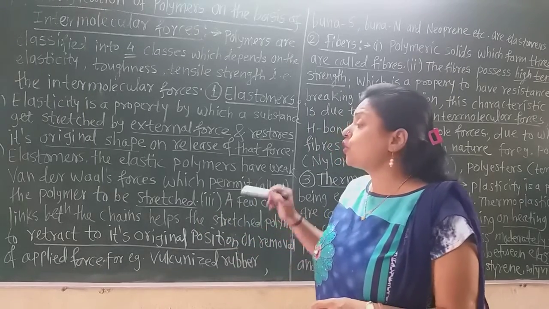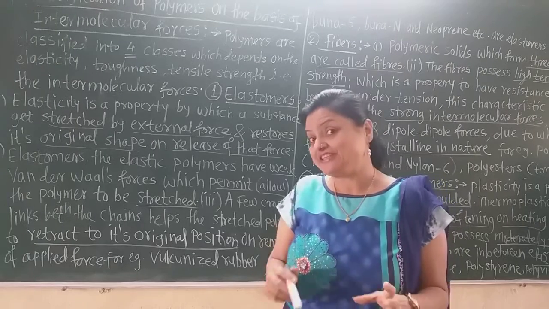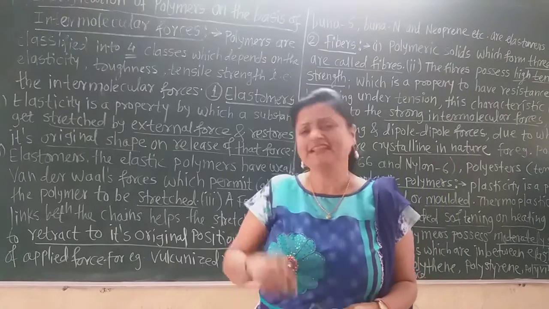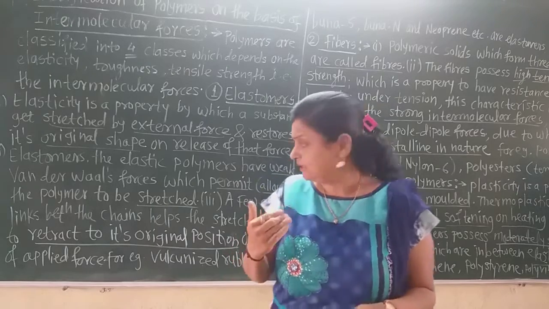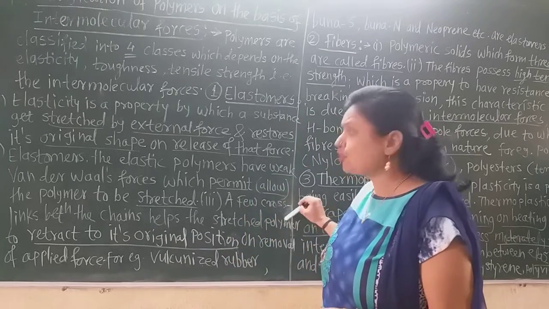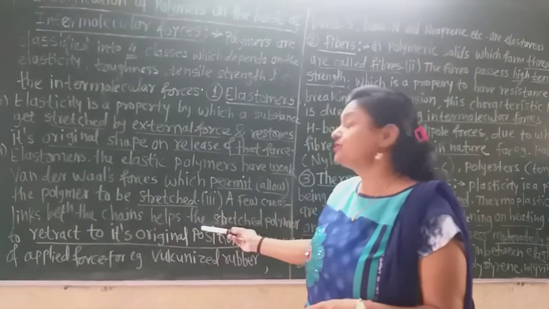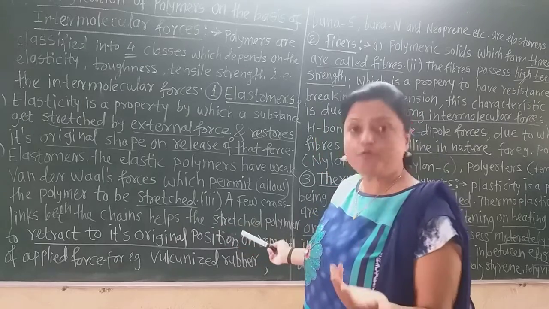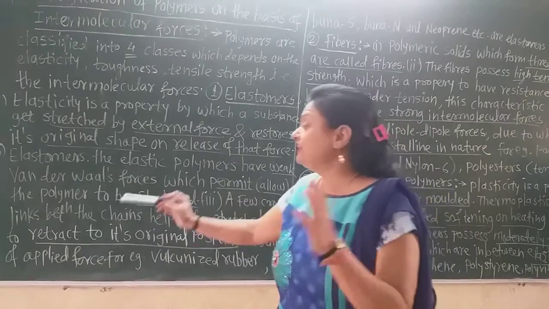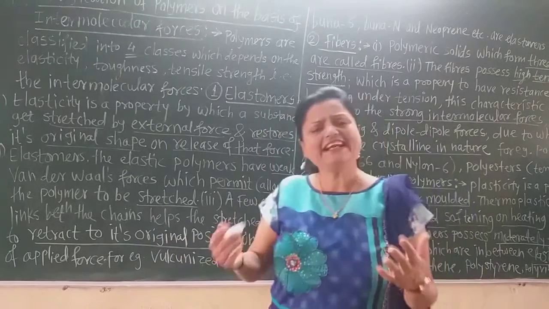A few cross links between the chains are always present in these elastomers. There are very few cross links, and due to this, what happens? The few cross links between the chains help the stretched polymer to retract to its original position.